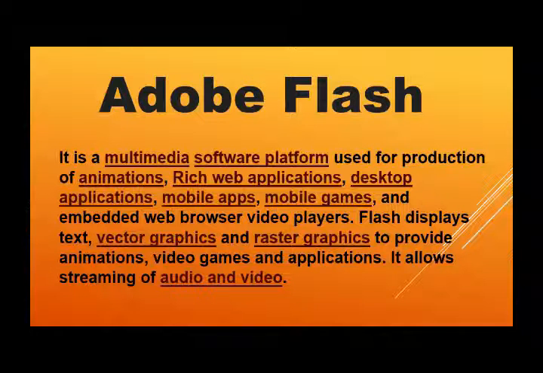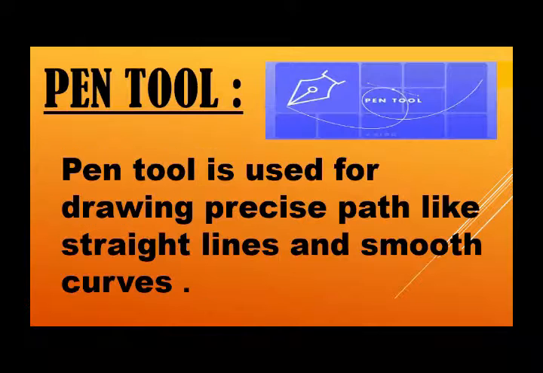Now, the first advanced tool which we have in our toolbox is the pen tool. This is the picture of a pen tool. Whenever we select the pen tool from our toolbox, in place of the mouse pointer, the arrow sign, we have a pen nib like pointer. The pen tool is used for drawing precise paths like straight lines and smooth curves.